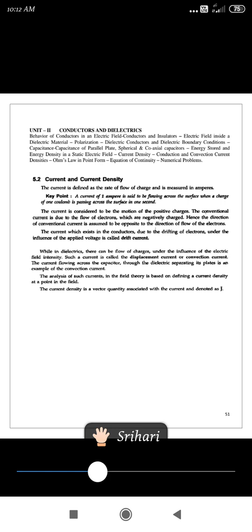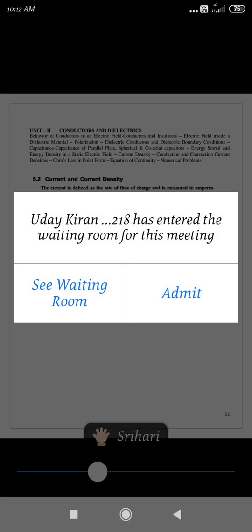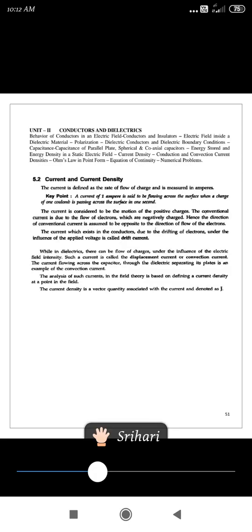A current of 1 amp is said to be flowing across a surface when a charge of 1 coulomb is passing across the surface in 1 second. The current is considered to be the motion of positive charge.